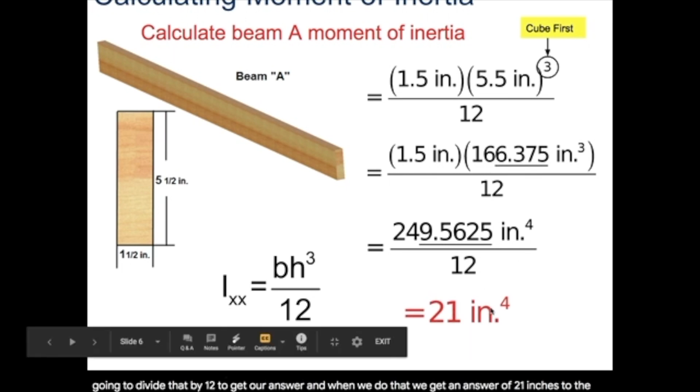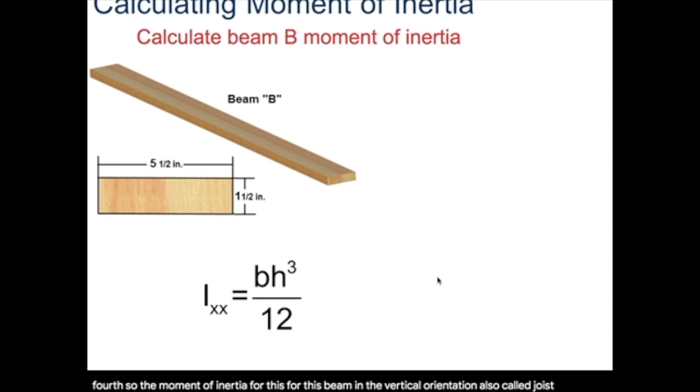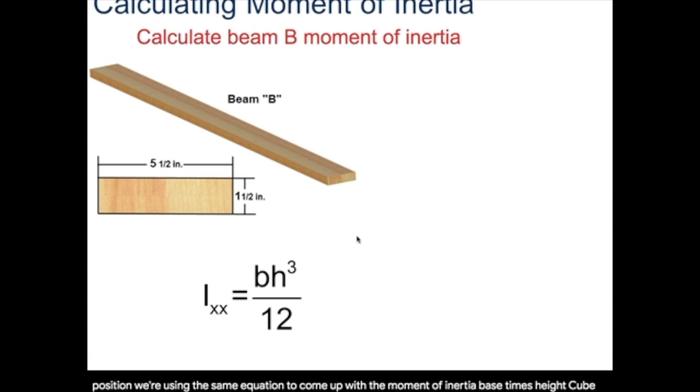So the moment of inertia for this beam in the vertical orientation, also called joist orientation, is 21. If we put that same beam into the plank position, or horizontal position, we're using the same equation to come up with the moment of inertia: base times height cubed divided by 12. So we put those numbers here.